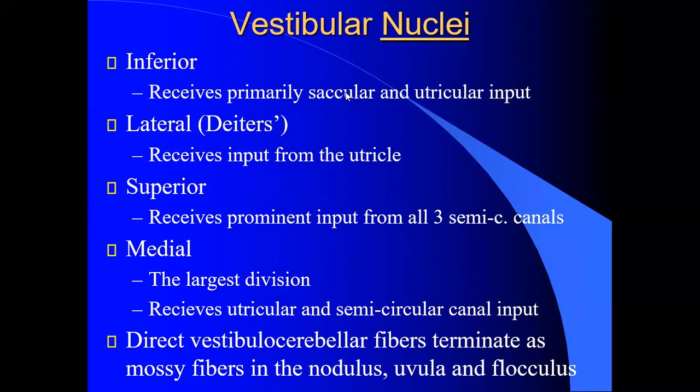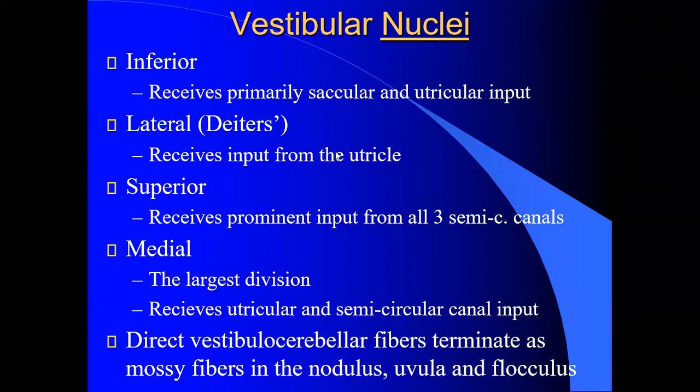The inferior division receives mainly saccule and utricle. Good, thank you, that makes sense, right? So when we get to the nucleus, the nerve and the ganglion don't make a lot of sense, but the nucleus makes functional sense in most cases. And I'm going to try to emphasize that as we go. So this is obviously for static equilibrium and linear acceleration. So good, inferior.